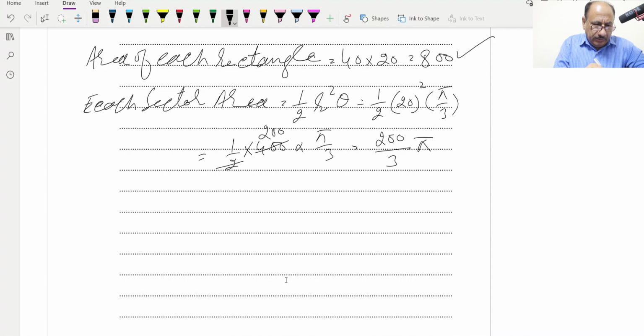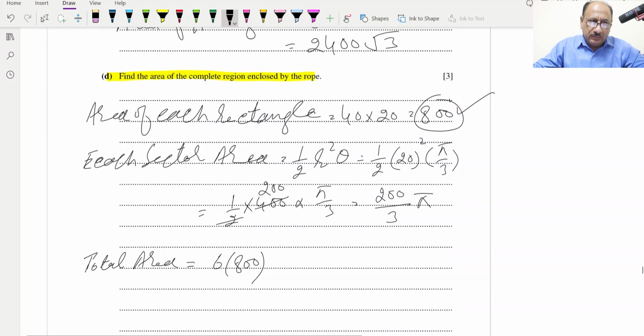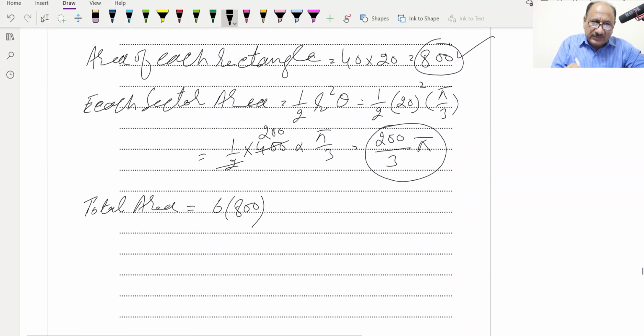So total area we will be adding 6 times 800, which there will be 6 rectangles. Then there will be 6 into 200 over 3 pi, which will be 6 sector areas.